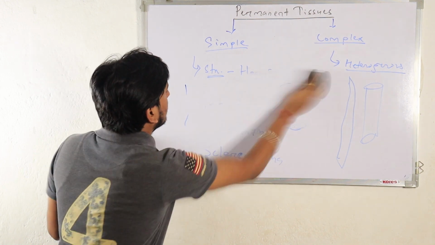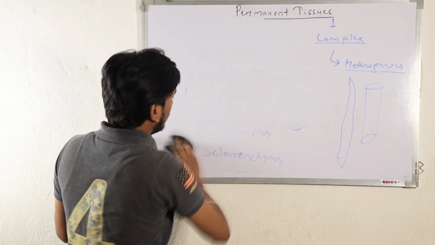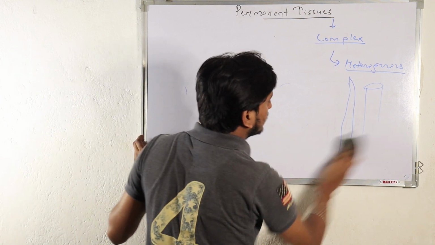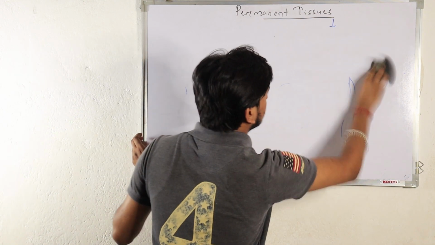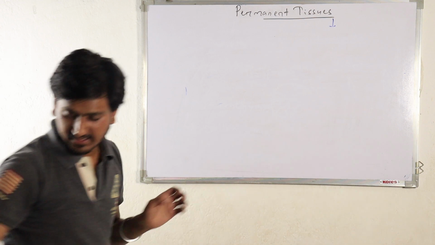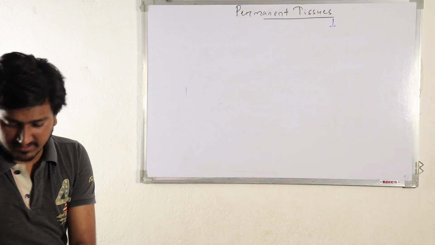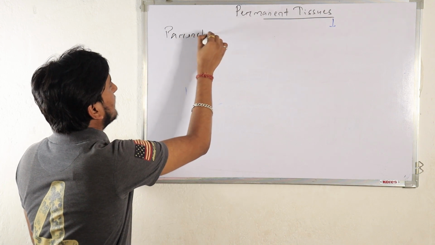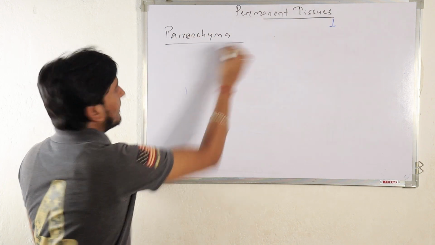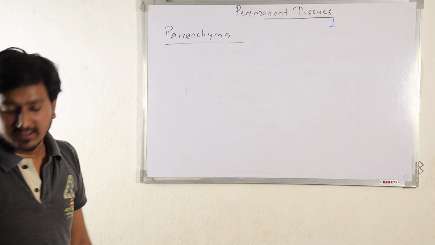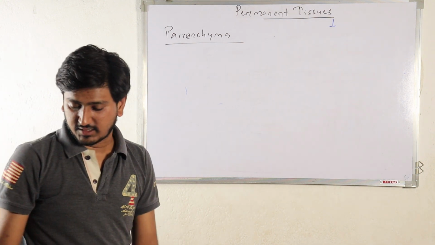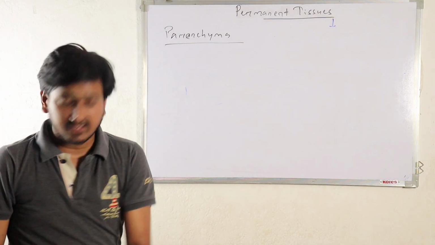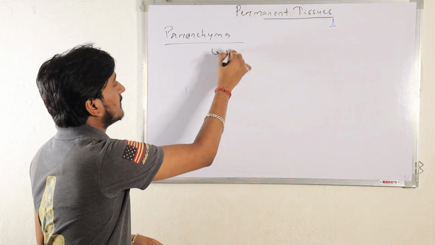So now let us move to the kinds of simple permanent tissue in a little more detail. As I said, there are three kinds: parenchyma, collenchyma and sclerenchyma. So first let us learn about the parenchyma tissue, okay. The parenchyma is always living, okay.